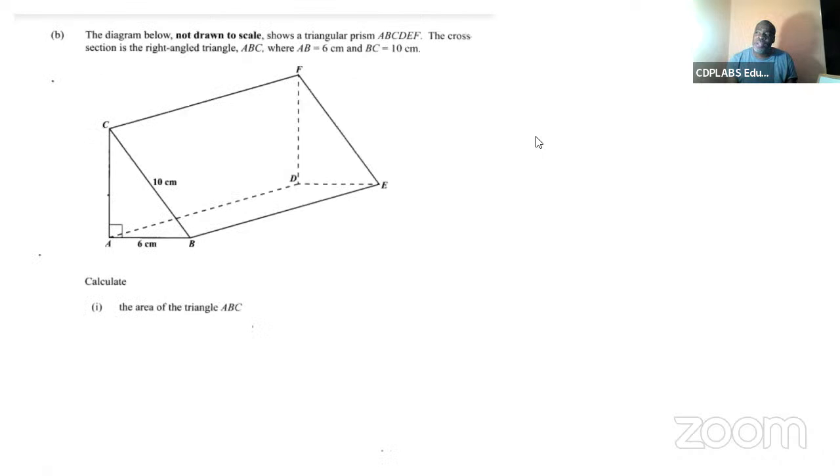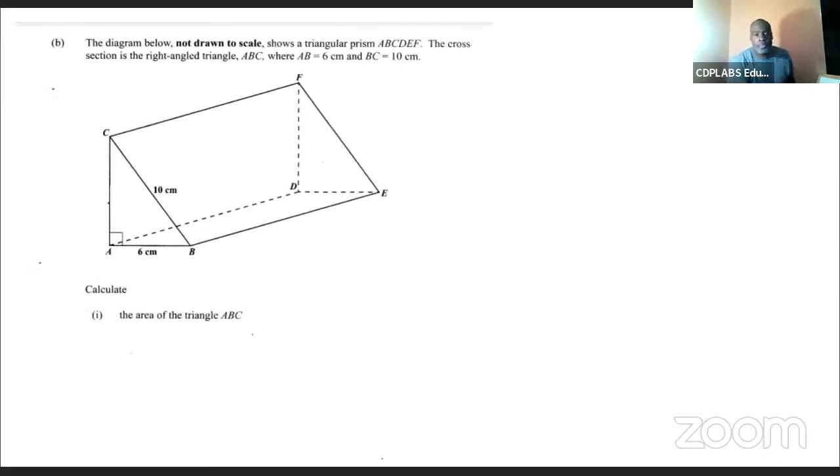Now, here we have another image. Another image now. So my question is this. The diagram below is not drawn to scale. And when I say not drawn to scale, it means that the measurement that they give is not the actual measurement.